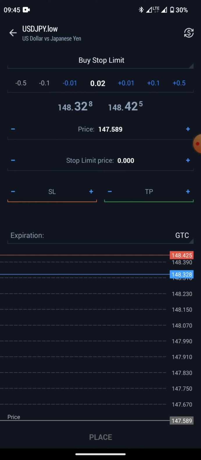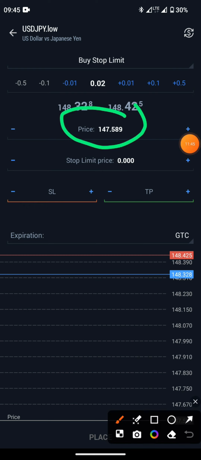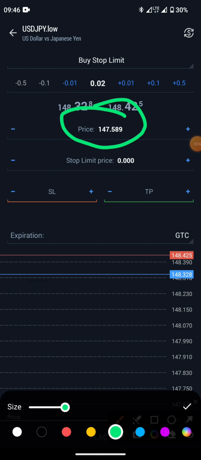Now you can see this price, your order is not going to be executed. You will not start losing money or making money at this price once the price gets to it. Once the price gets to this point, you are now going to activate this order.